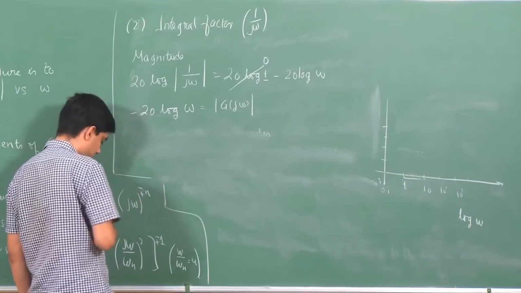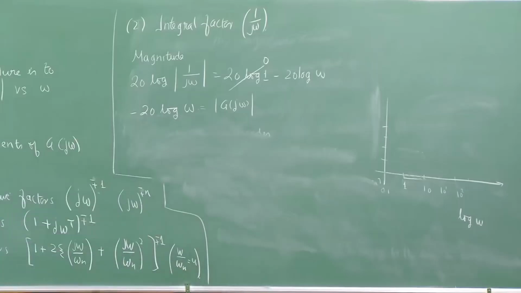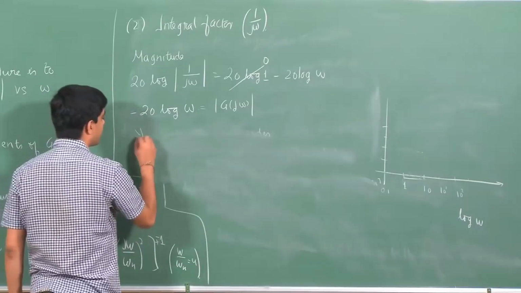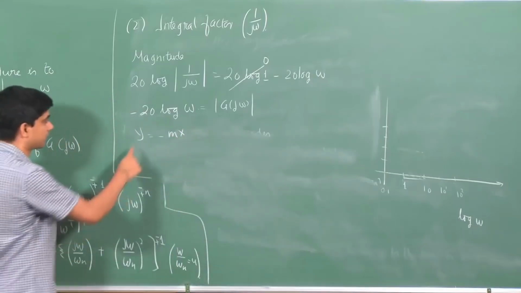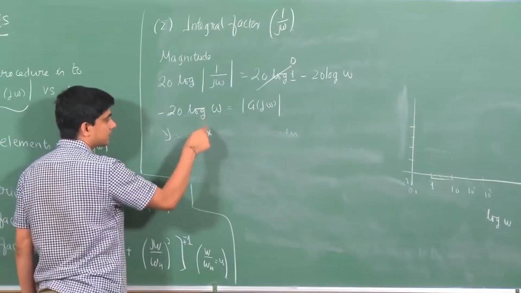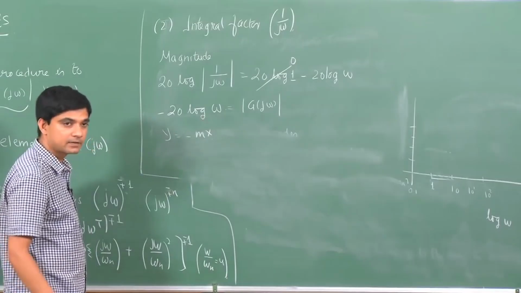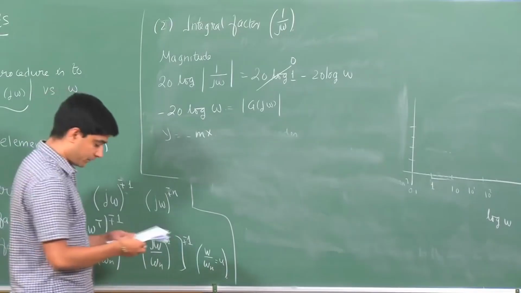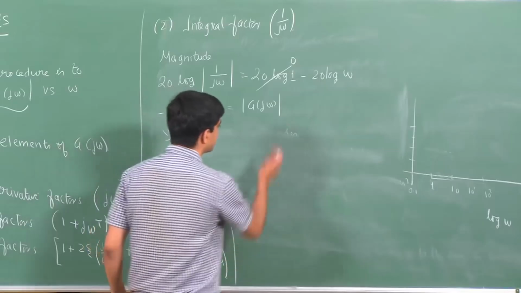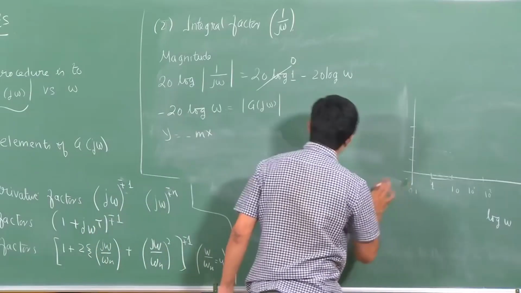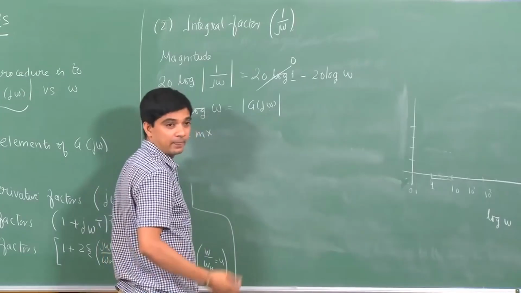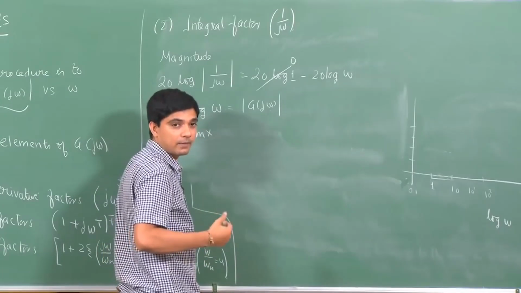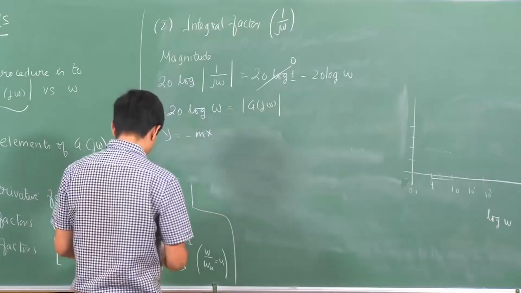And this you can see is of the form y equal to minus mx, right? Y is the magnitude, x is log of omega. This is a straight line, right? I will not plot at omega equal to 0 because the log value is not defined, but any value slightly apart from 0 we could plot.